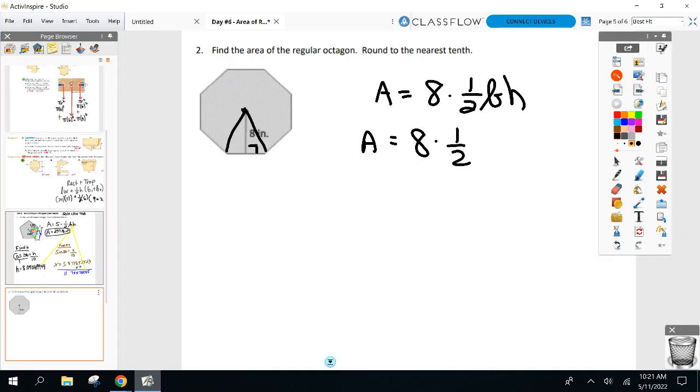That's my height. So you guys are in charge of the base. I already know the height of one of the triangles is 8. I know the height's 8. Can you help me find the base now? Fine, go ahead, find the central angle.